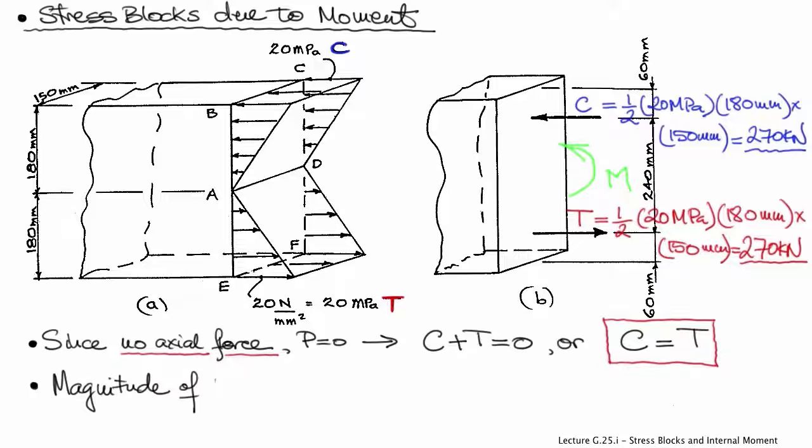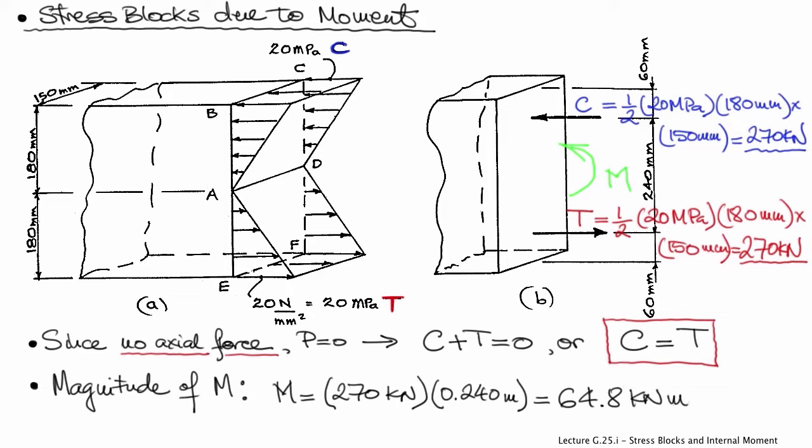So now finally we can determine the magnitude of the moment M created by the couple of forces C and T. So that equals the magnitude of the force times the moment arm, and that will give us a moment of 64.8 kilonewton meters.